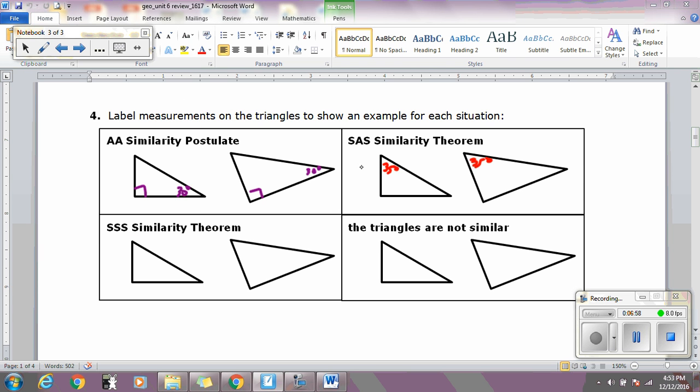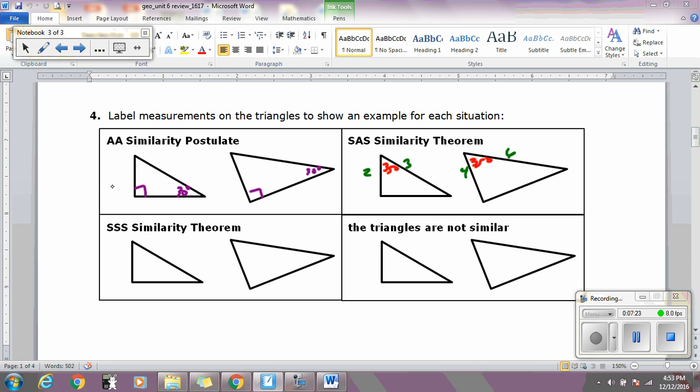So let's say this side is 2, it's proportional with 4, and then this one is 3, and this is 6. 3 is proportional to 6 for the same reason that 2 is proportional with 4. So again, you have your proportional sides with your angle included in the middle.